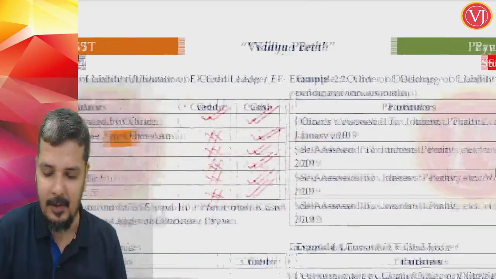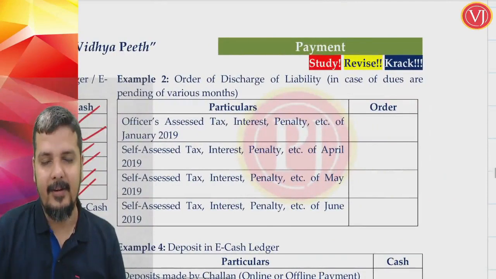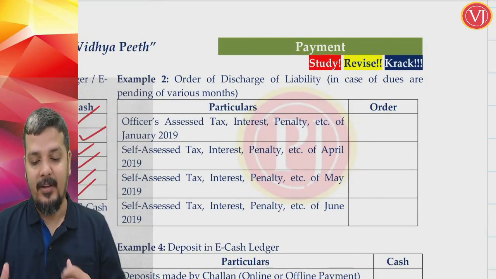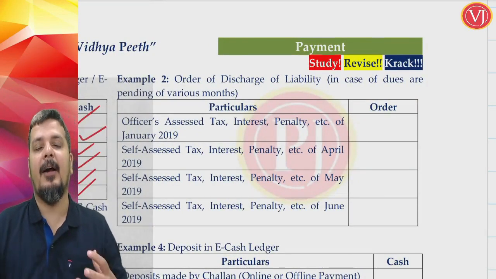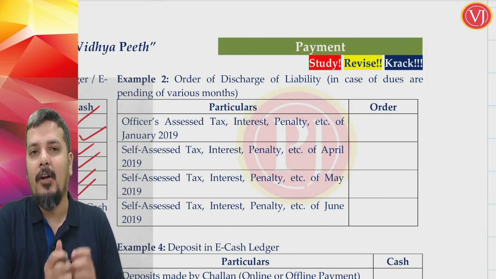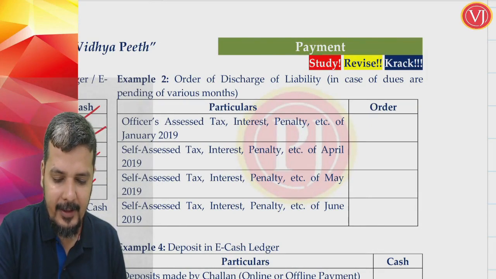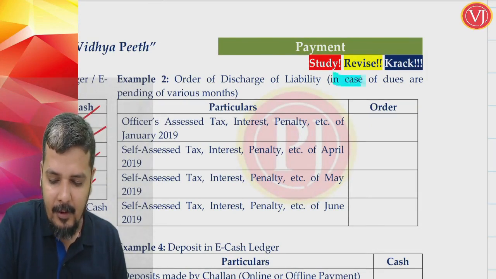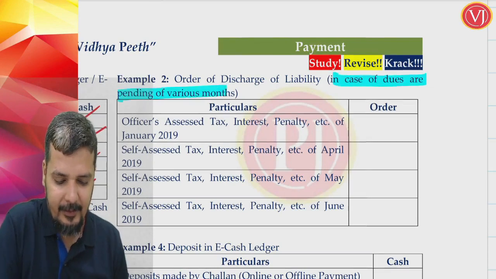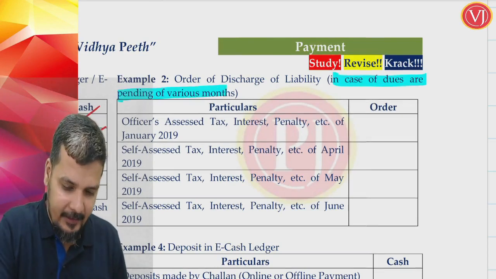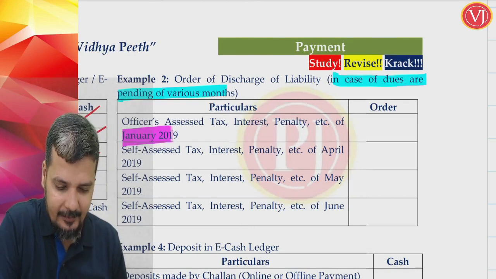That we have understood. Now let us understand the other part. What is the order of discharge of your liability? Supposing you have multiple liabilities of different months, in which order do you have to close them? This situation will arise only when you have liabilities of various months. There is a liability pending of, say, January 2019.